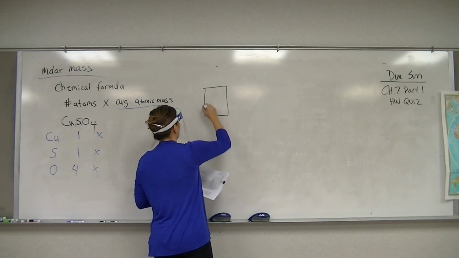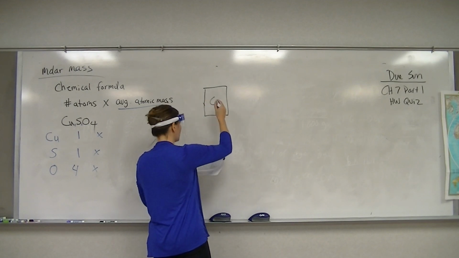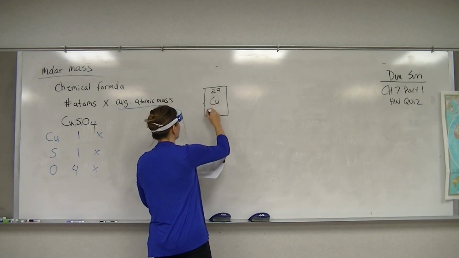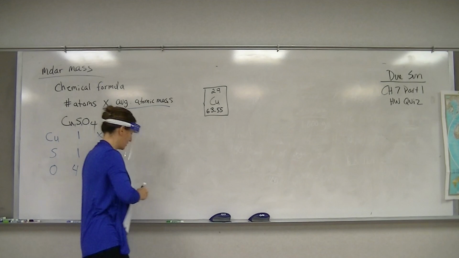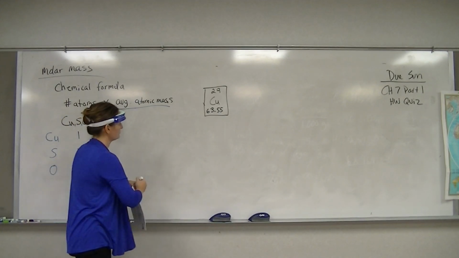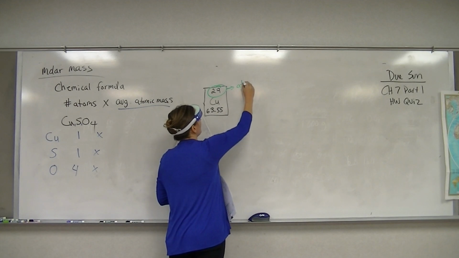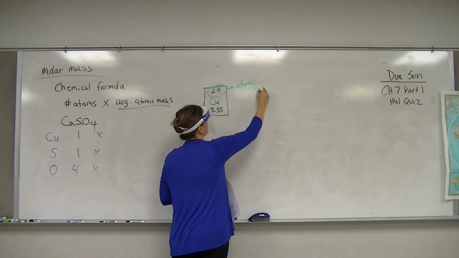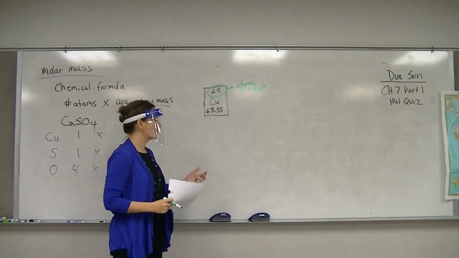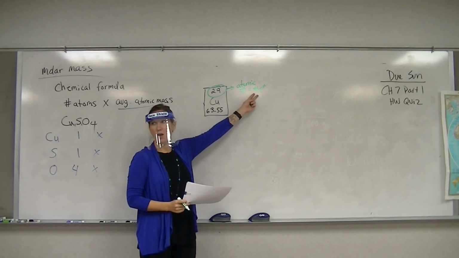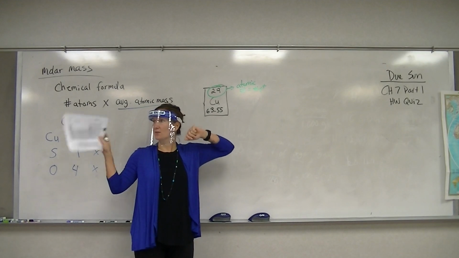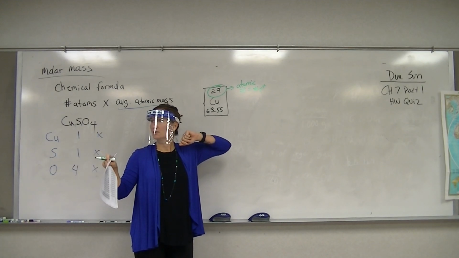What I get on the periodic table is the symbol. There's a 29 up here, and then there's a 63.55. This 29 is the atomic number, which is the number of protons. We talked about protons in the last class. Protons are positively charged subatomic particles. If I change the number of protons, do I change the element?